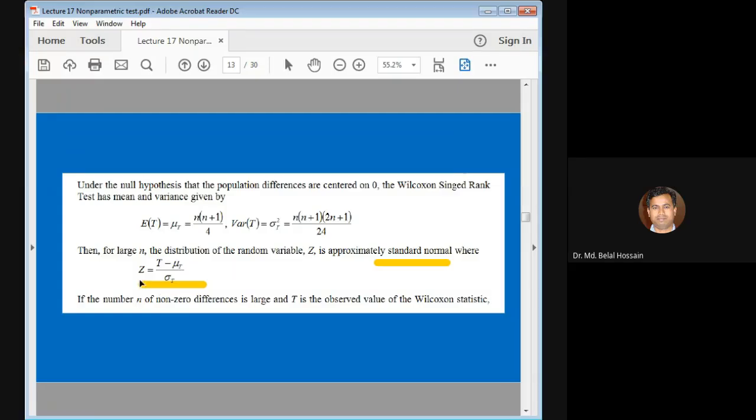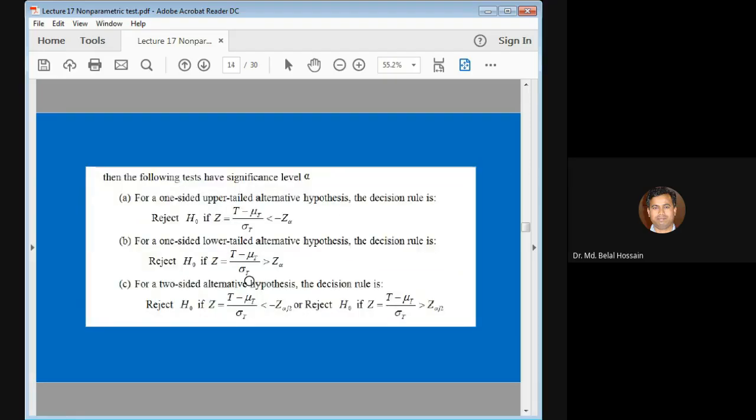So you will get that z calculated from here and a tabulated value from the table with z alpha. If your z calculated is greater than that z tabulated, your null hypothesis would be rejected. So based on that, your decision making will be done. So this is Wilcoxon's sign rank test.